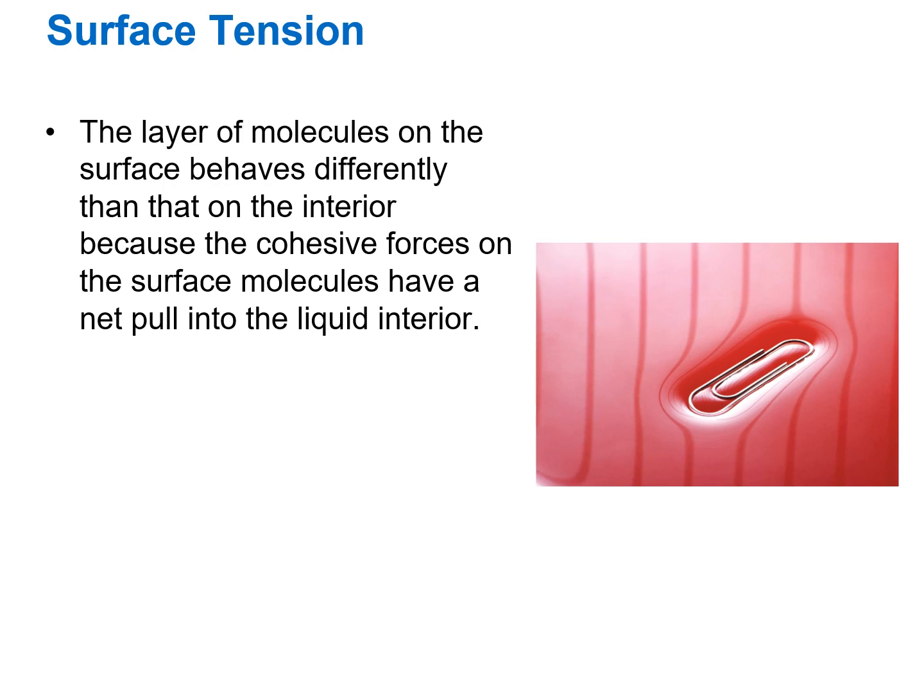Cohesion is the ability of a substance to adhere to itself. Adhesion is the ability of a substance to stick to something other than itself. So surface tension, the molecules at the surface of a liquid have to contend with cohesive forces because they're going to have a net pull into the interior of the liquid.